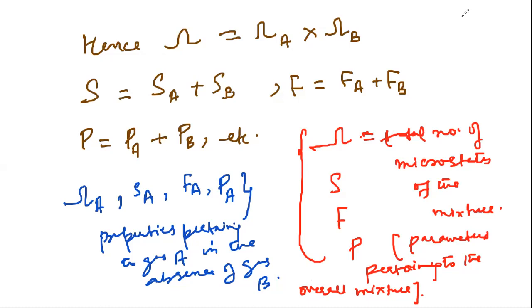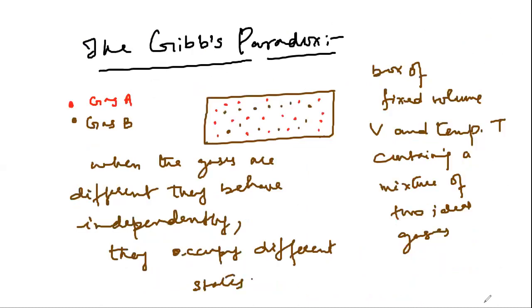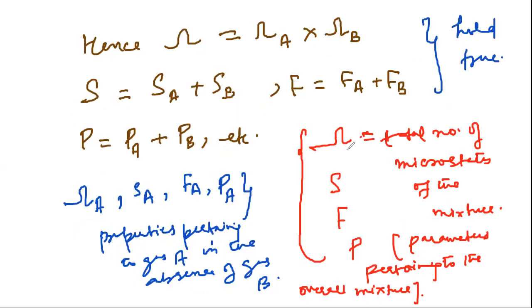These equations hold true. That means the entropy of the mixture is the sum of SA and SB.